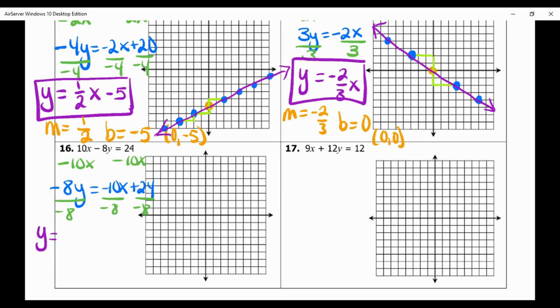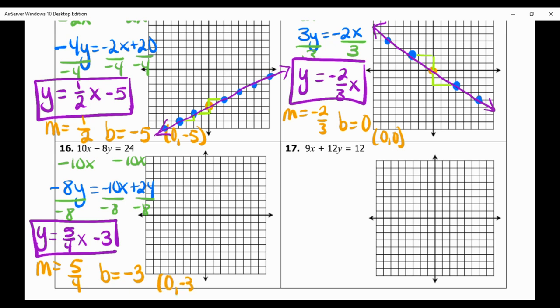So the equation in slope-intercept form is y equals 5 over 4x minus 3. Making the slope of our line 5 over 4. And the y-intercept is negative 3, which is the point 0, negative 3.